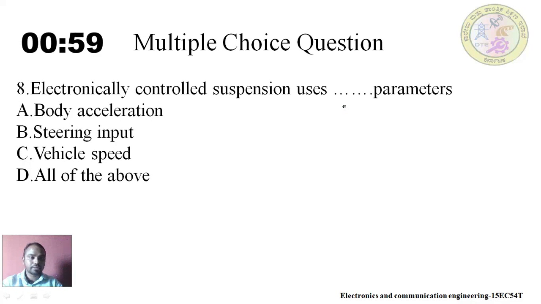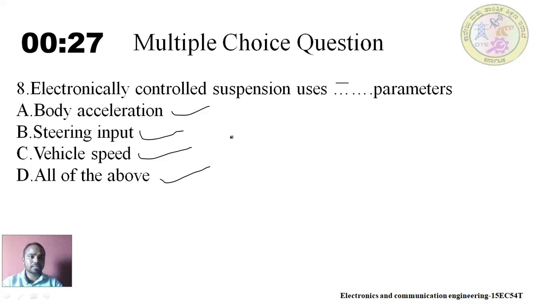Question number 8. Electronically controlled suspension uses dash parameters to maintain the proper damping of suspension system. Options are body acceleration, steering input, vehicle speed, all of the above. Dear students, please think over it.